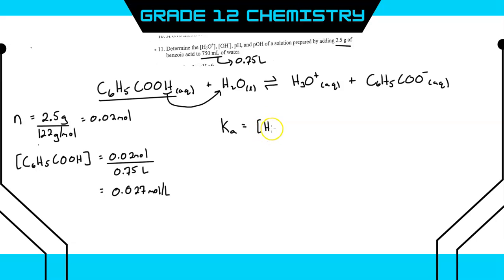So we've got hydronium here, and then we have our benzoate ion, all divided by benzoic acid. Now, water is a liquid that gets included into our equilibrium constant, so we don't include it with our reactants.